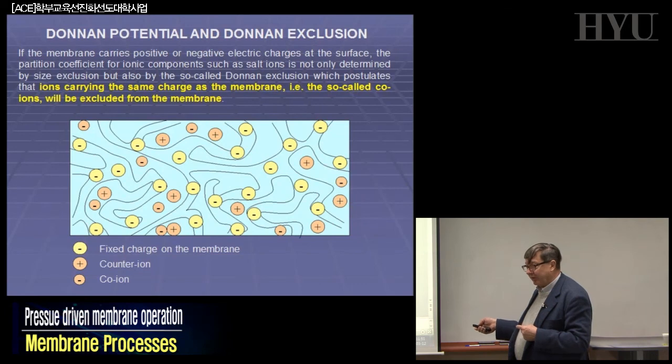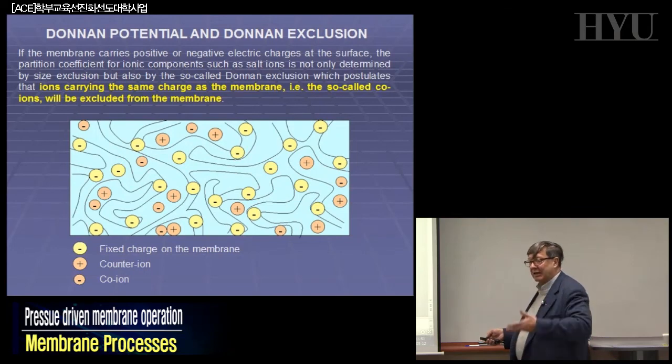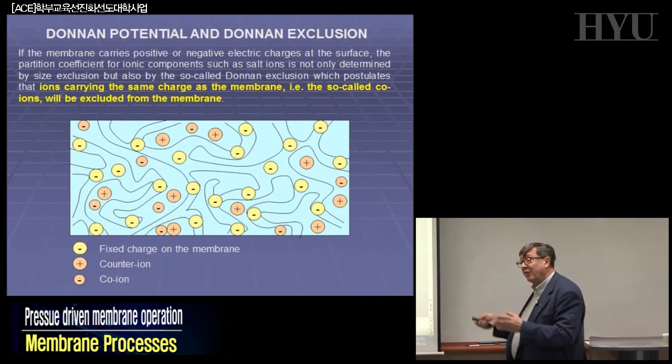In this system, however, if you analyze it and write the equation, you will arrive at a situation in which you can clearly show that the co-ions cannot enter the system. They will be rejected, because if they enter, there will be an excess. We are creating an increase of the negative concentration that cannot be neutralized, because the negative ions here are fixed. They cannot move out.